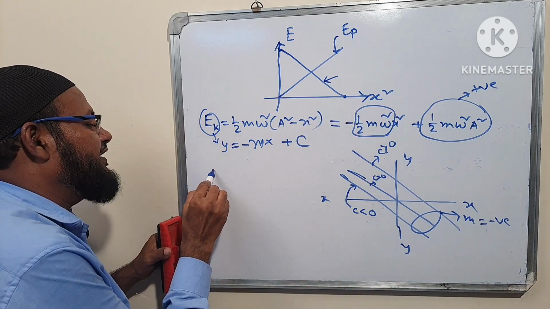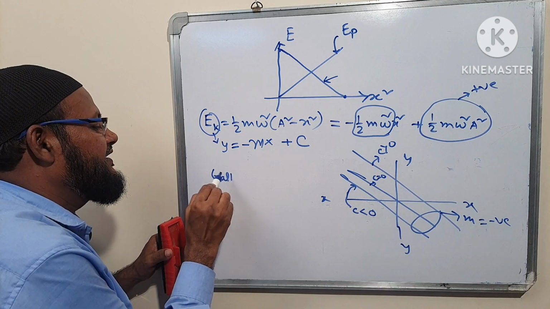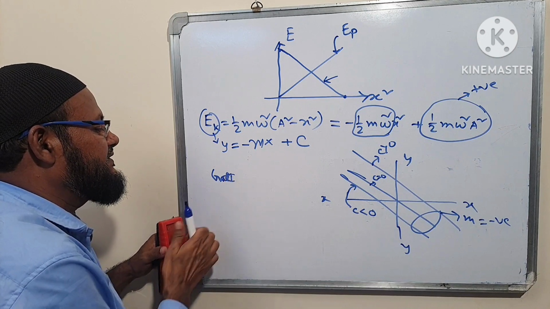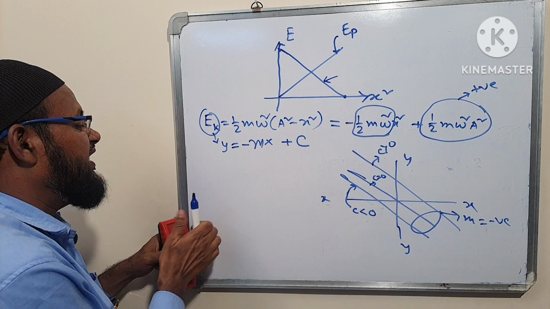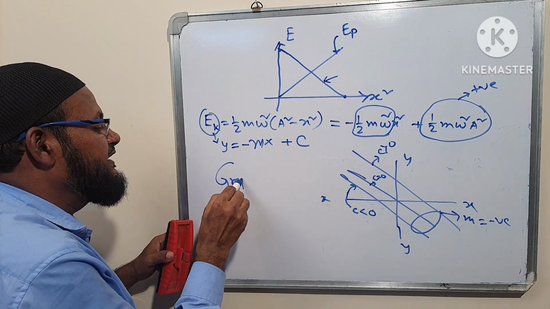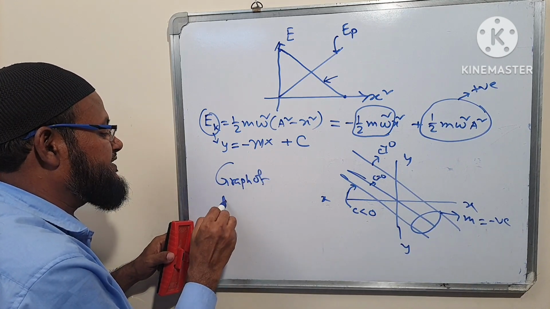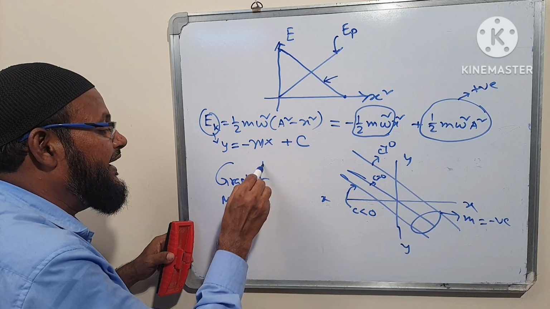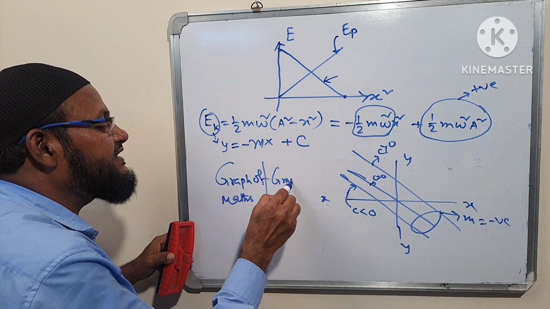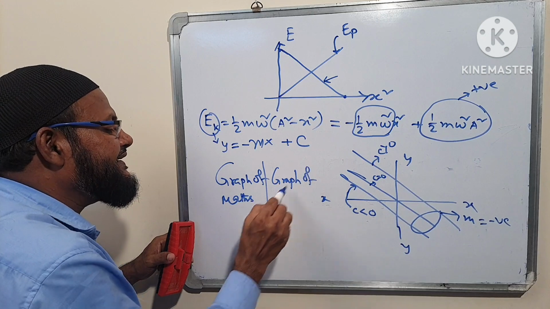I have discussed already: graph of maths. Sir, graph of maths, please see here, the graph of the maths subject and the graph of other subjects, there is a basic difference.